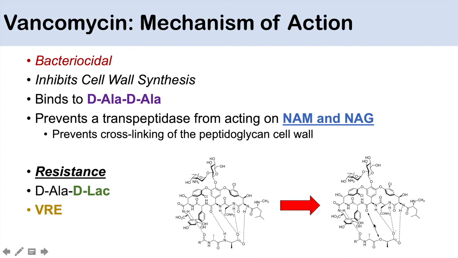But when a bacteria becomes resistant to vancomycin, it alters that site D-ALA to D-ALA-D-LAC. And when it does this, the vancomycin can only form 4 hydrogen bonds. So the binding to the binding site is altered. It is less effective. This is how bacteria can form resistance to vancomycin.